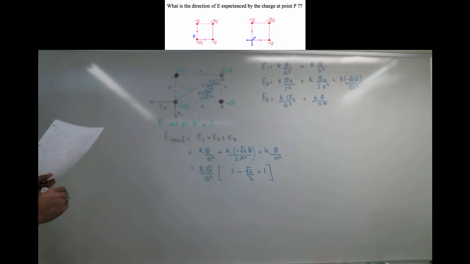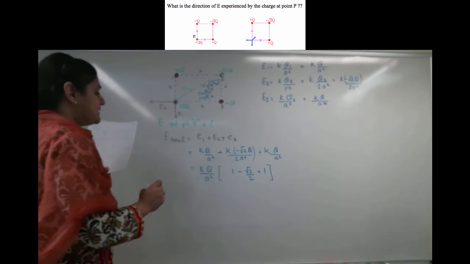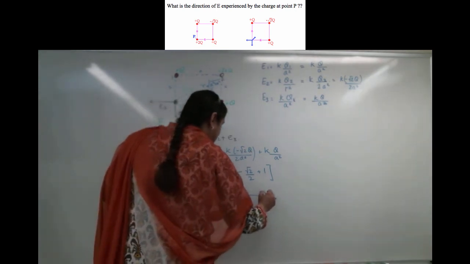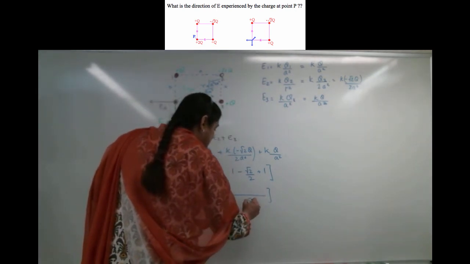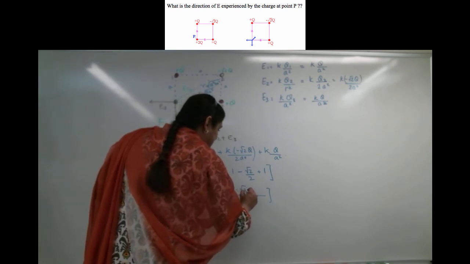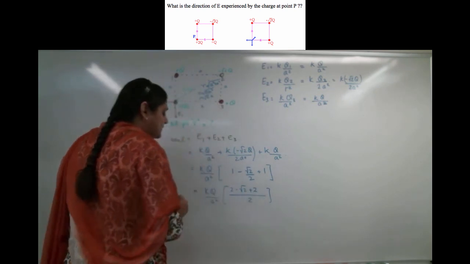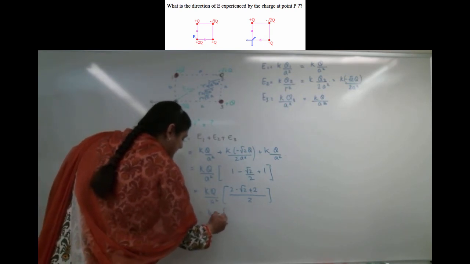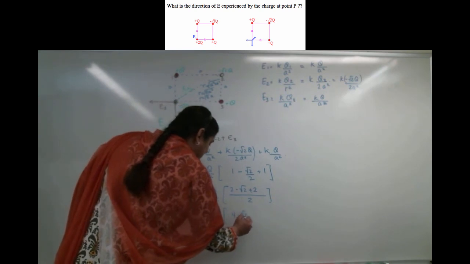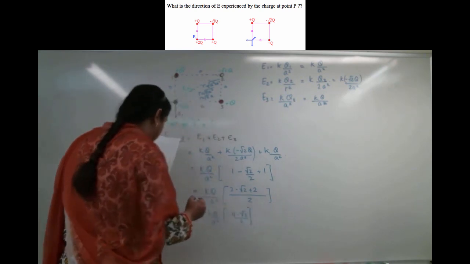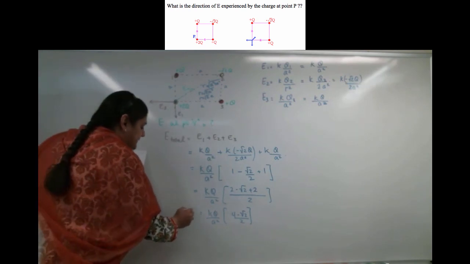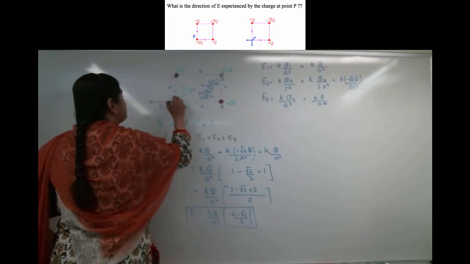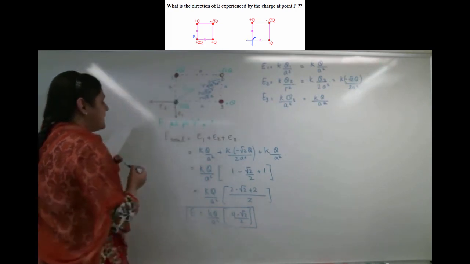Agree? Then I can simplify this to give me 2 minus square root of 2 over 2, plus 1. And that gives me KQ over A squared times (4 minus square root of 2) divided by 2. And that is what my E field will be that this charge experiences due to all of the other 3 charges.